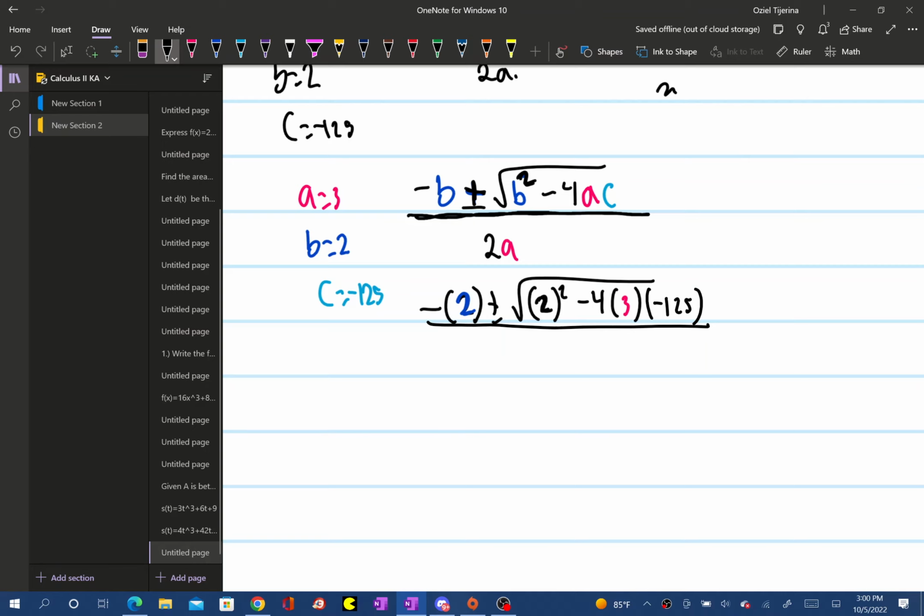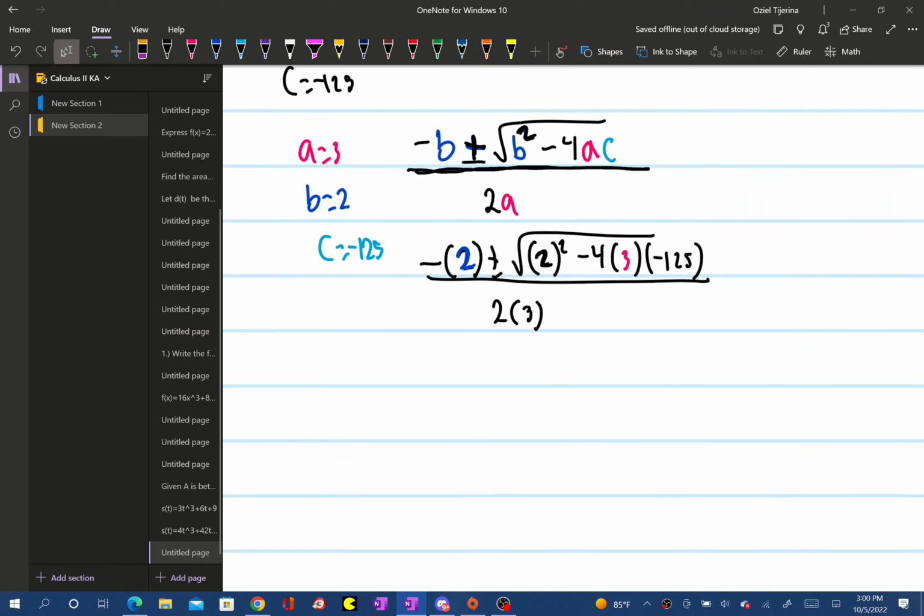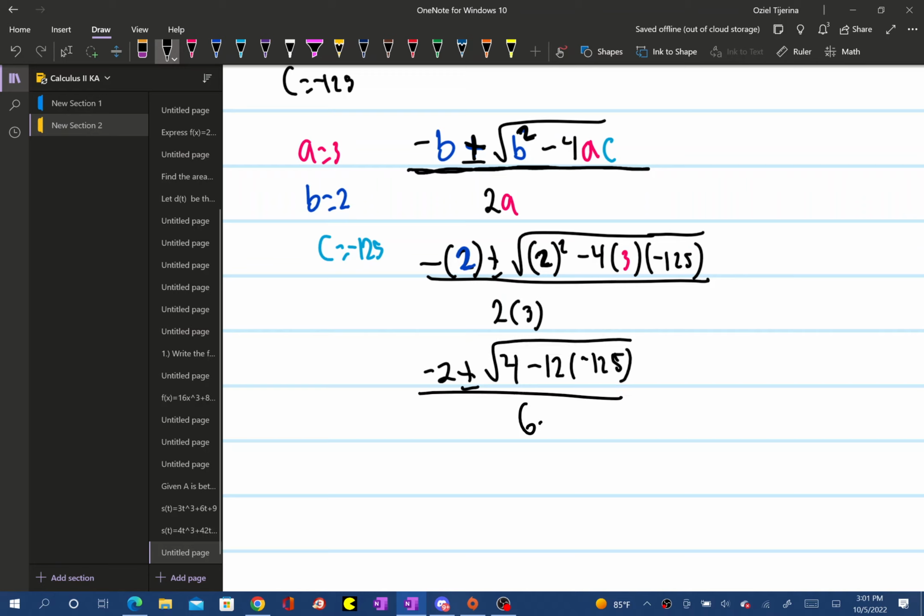You just have to plug in A, B, and C. That's the main idea. So then you have negative 2 plus or minus the square root of 4 minus 12 times negative 125, all over 6.